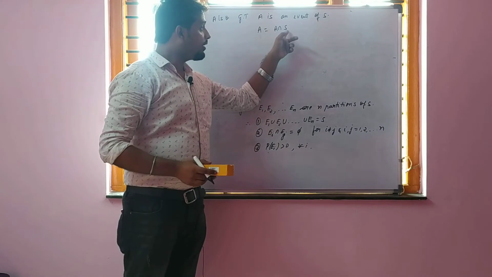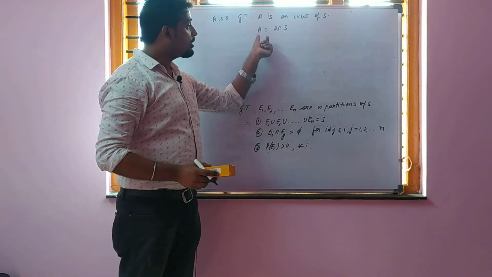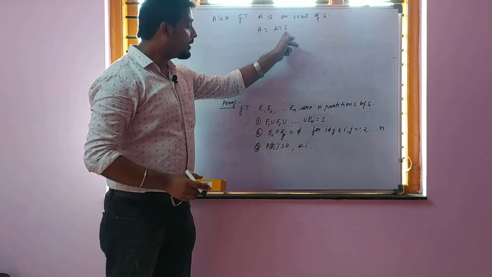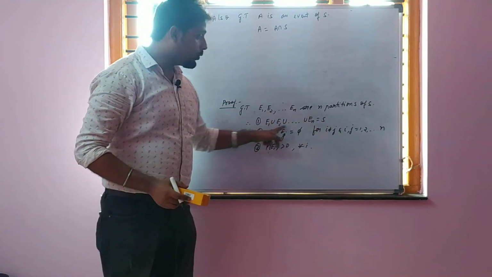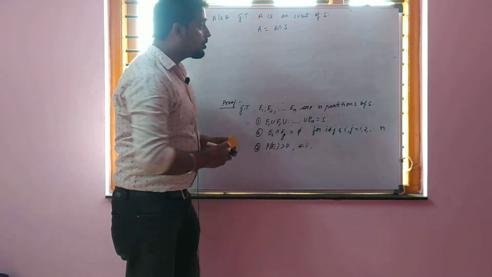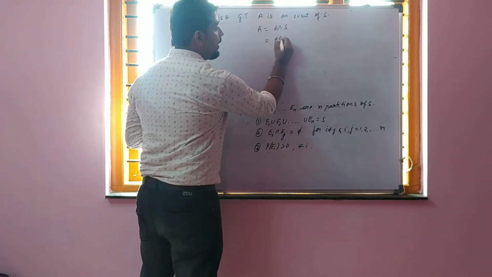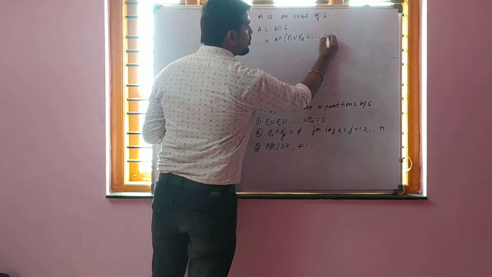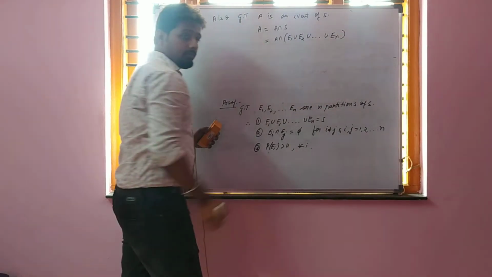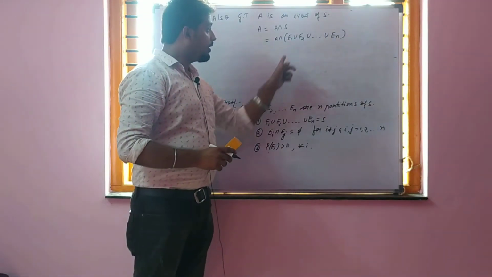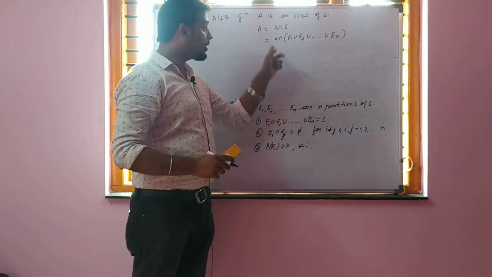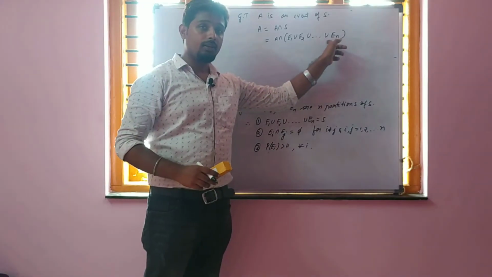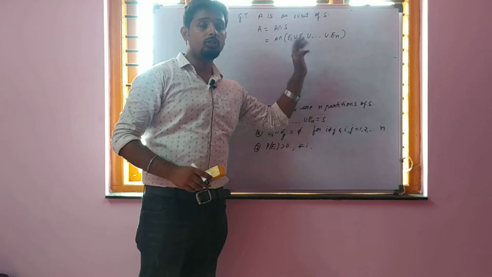Now here if we see S, I can't do much about A, but I can do something about S. Why? Because we already know that S is nothing but the union of all these events. So now I can write A intersection E1 union E2 union and so on up to En. Now if you observe here, you have got union inside and outside you have got intersection, right? If all the operations were the same, then we could have gone with the associative property.